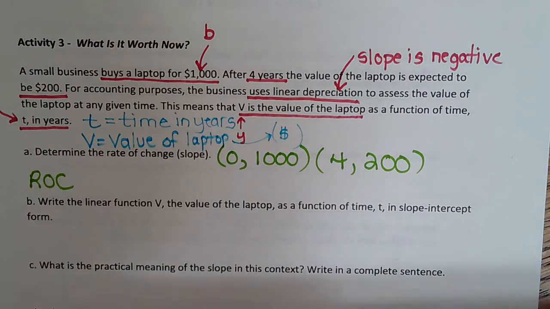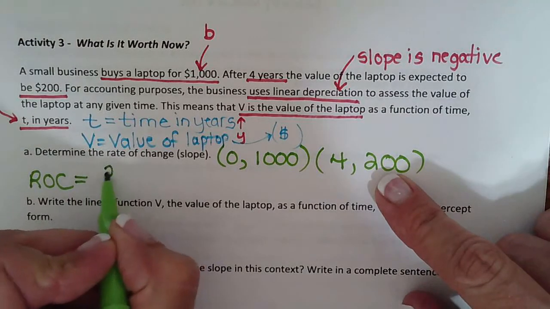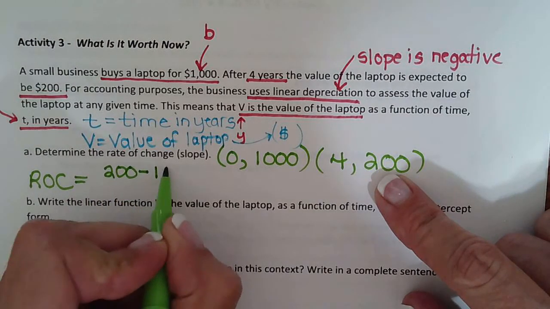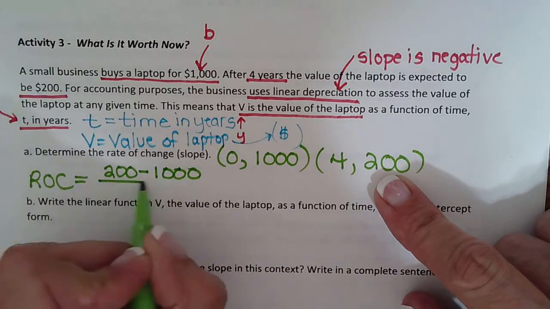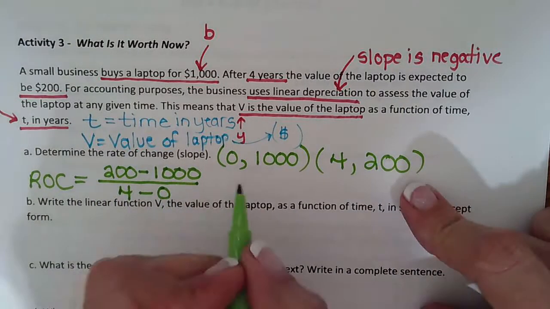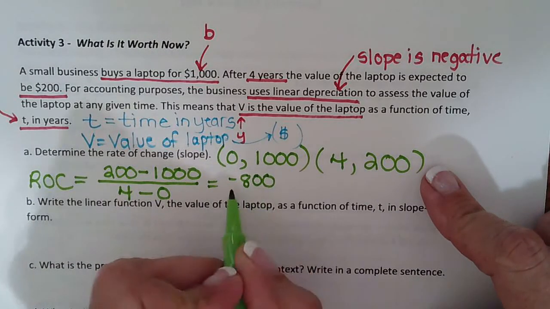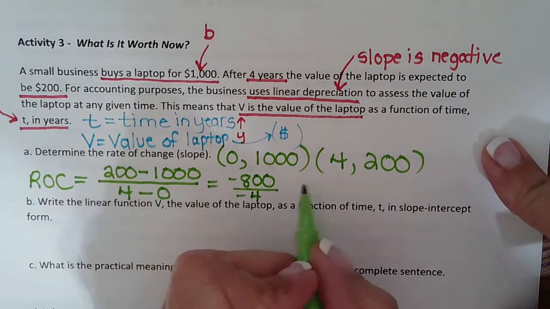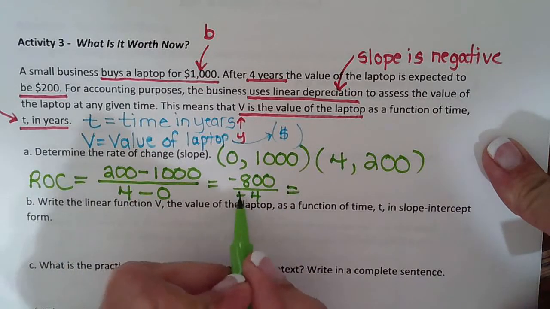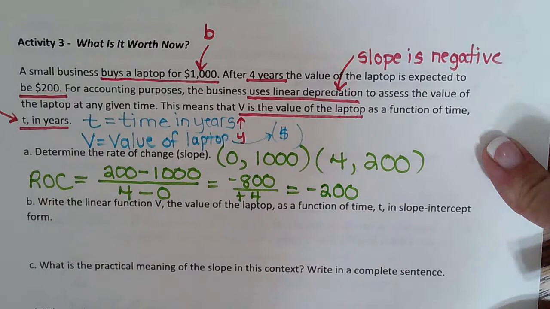Okay, so rate of change is going to be second Y 200 minus the first Y 1,000 over second X 4 minus the first X 0. So what is that? Negative 800 over 4. Whoops, positive 4, my mistake. And there's our negative slope that we predicted.